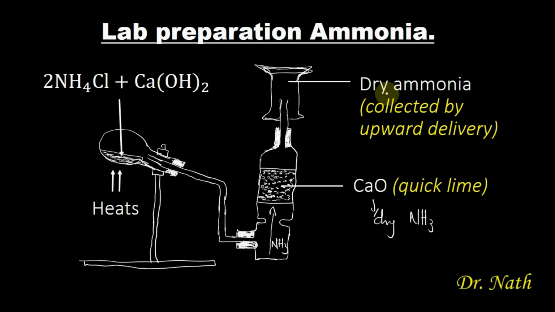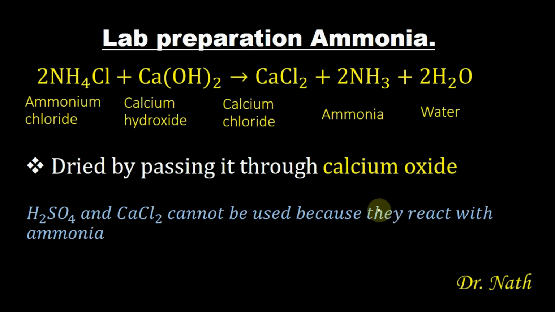So that is why we have dry ammonia here. So the function of calcium oxide, also known as quicklime, is to dry the ammonia. So the ammonia is dried by passing it through calcium oxide.